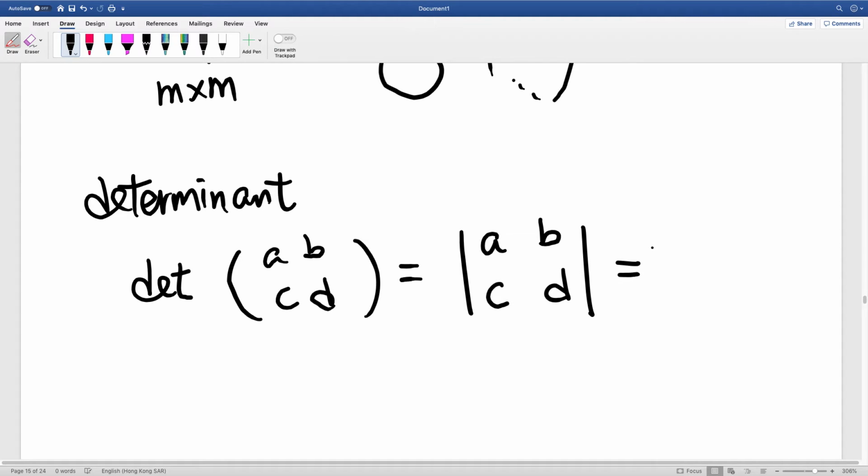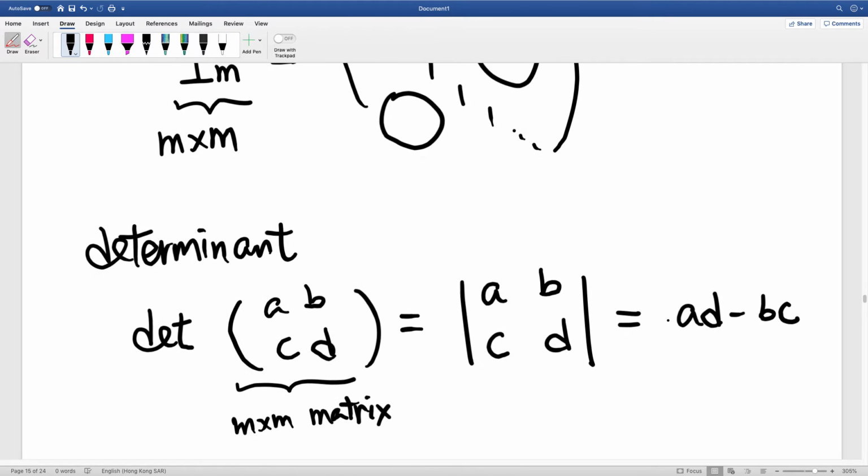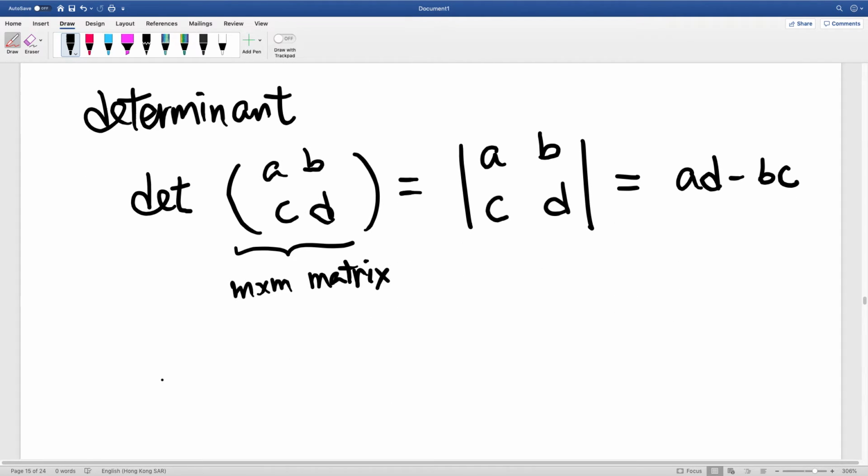The value of a 2 times 2 determinant, which can only be for a square matrix, is AD minus BC. Let's say it's determinant of M, where M is a matrix.